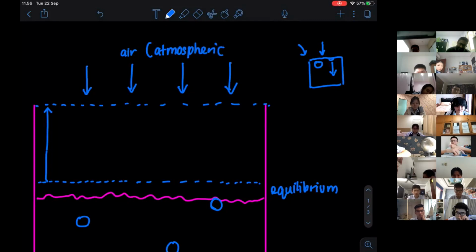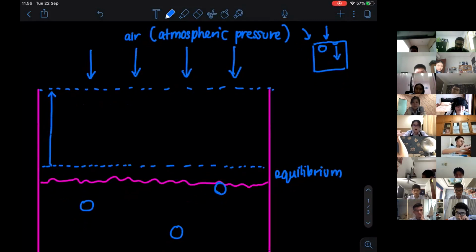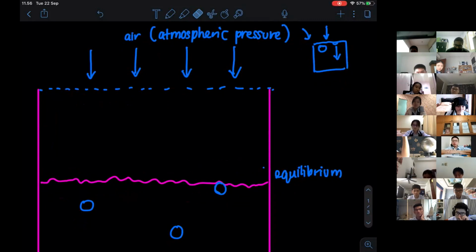Now, whenever you have atmospheric pressure, just imagine this is a physical barrier, but that is going to be some sort of a virtual barrier. I'm going to ignore this and put it way on top so that I can show you clearly.